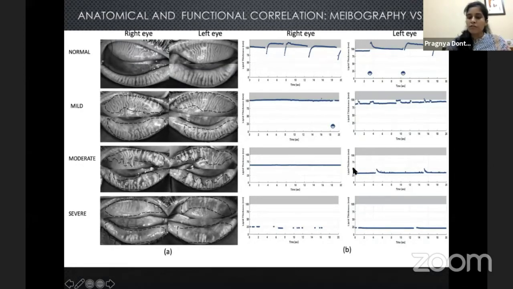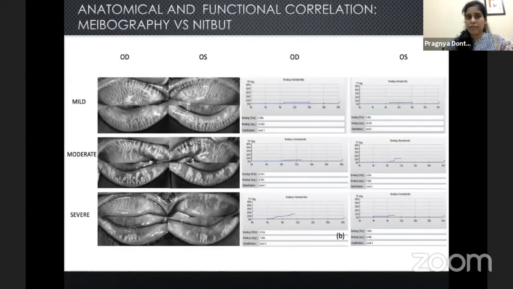But it's very important for us to know that there is some variability in the results that we can get. So these scans need to be captured with care, so that these are done before any invasive tests are done in the clinic, without instilling any drops just prior to the scans, and also ensuring the opening of the eyelid is adequate. So these measures should be taken, and then I think these machines can actually give us valuable information.